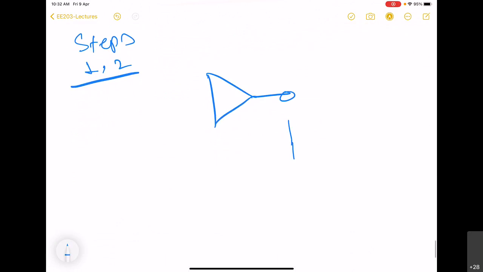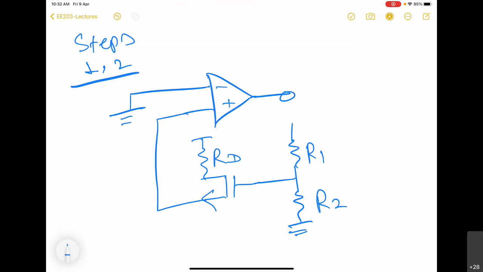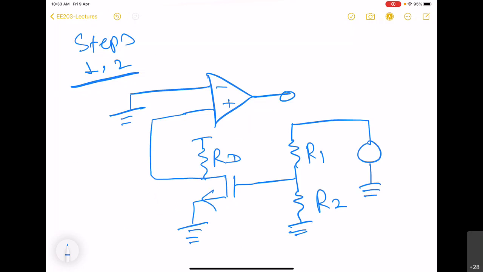Like this. And then connect the test source here at node 1, and we can keep the node 2 open.